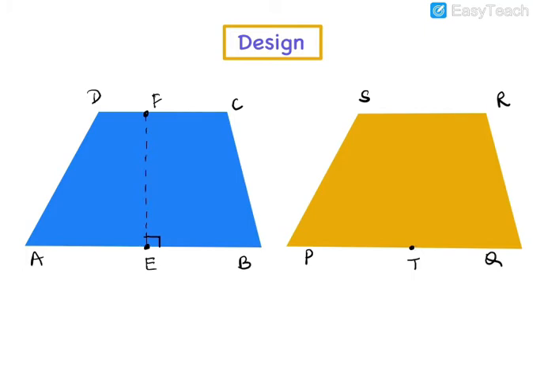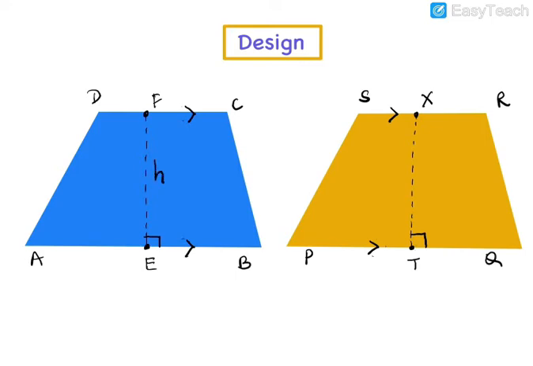That is, at point T, draw a perpendicular that cuts SR at X. So what we have done is, we have drawn the perpendicular distance FE between the 2 parallel lines AB and CD. Similarly, on the other trapezium, XT is the perpendicular distance between the parallel lines SR and PQ.